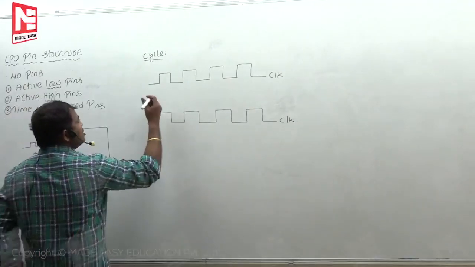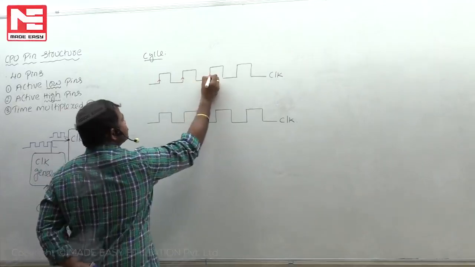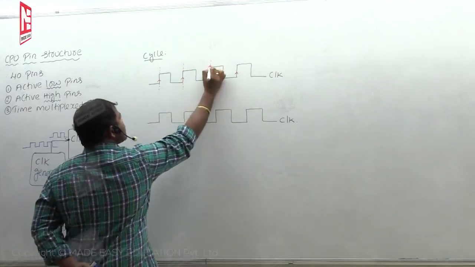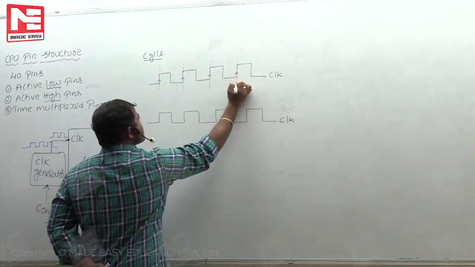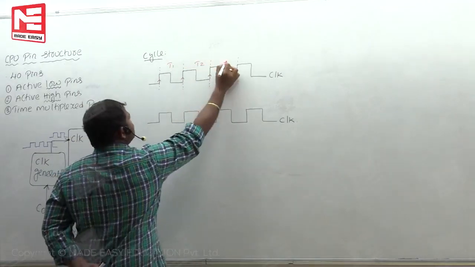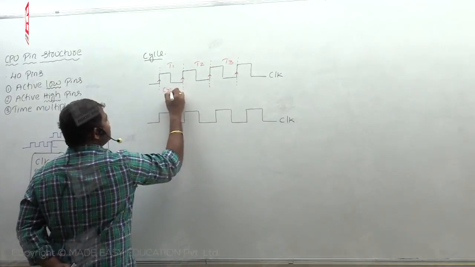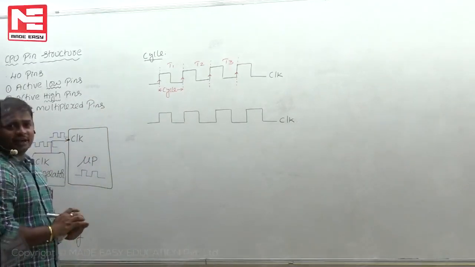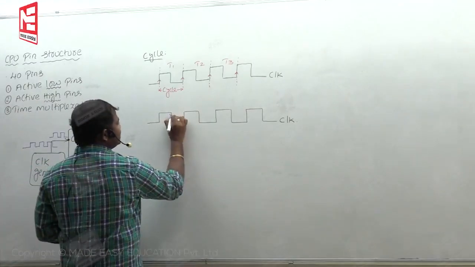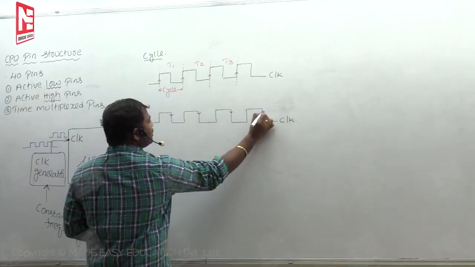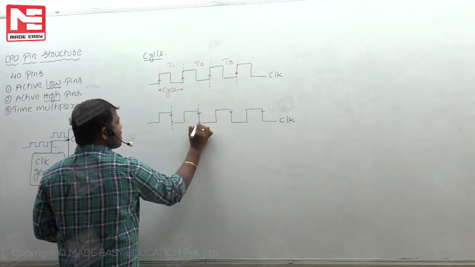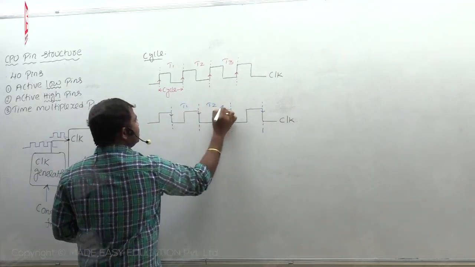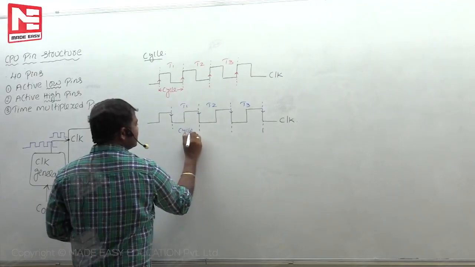Here, rising edge to rising edge, this is the cycle. Cycles are denoted T1, T2, T3. This is the rising to rising edge transition. Falling to falling edge, this is falling, falling, falling, like this. T1, T2, T3. This is called the cycle. Clear now?